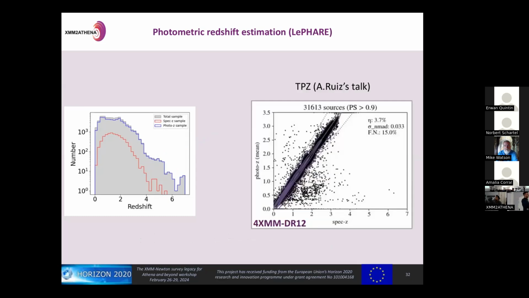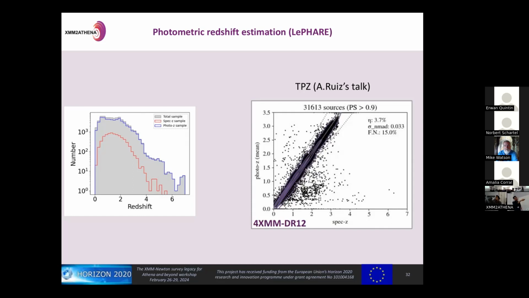In order to do this, we went to TPZ and selected the sources up to 3 where they have a very high reliability and accuracy, and we selected a very good sample with PS more than 0.9.